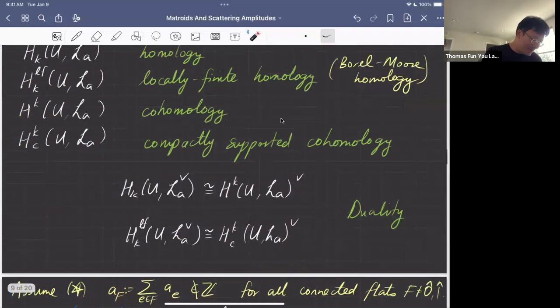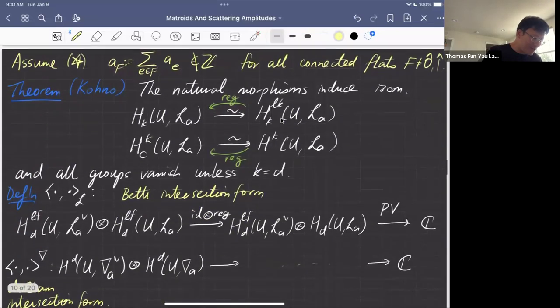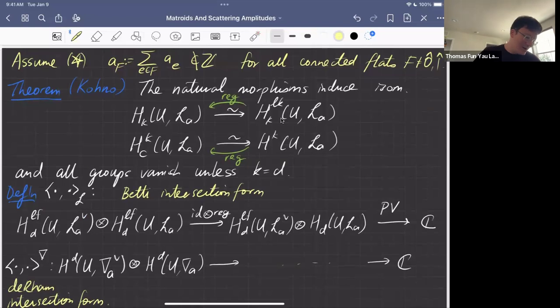Sorry, back over here, I should have said this is not an integer. But I actually want a stronger condition: you could do this for all flats and that's okay. Or you could just take any sum of these AEs is not an integer, that's also okay. Or you could just say they are generic, and that's okay as well. So I'll just assume this for the rest of the talk. There are things to say when it doesn't hold, but this will simplify things a lot.